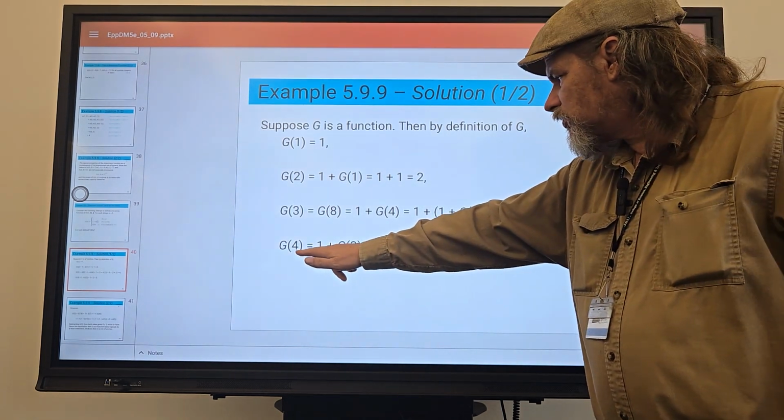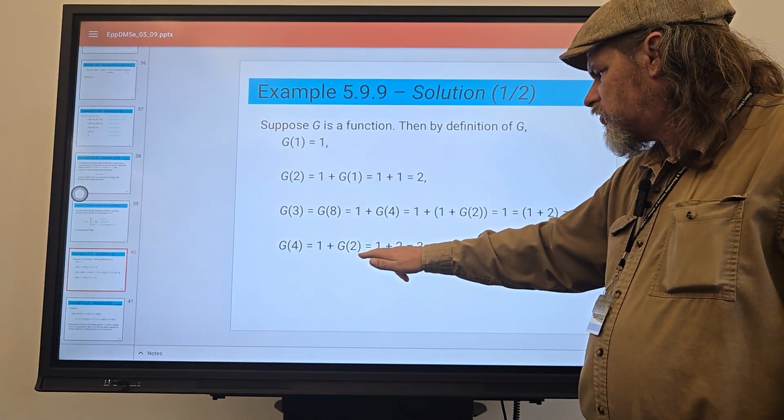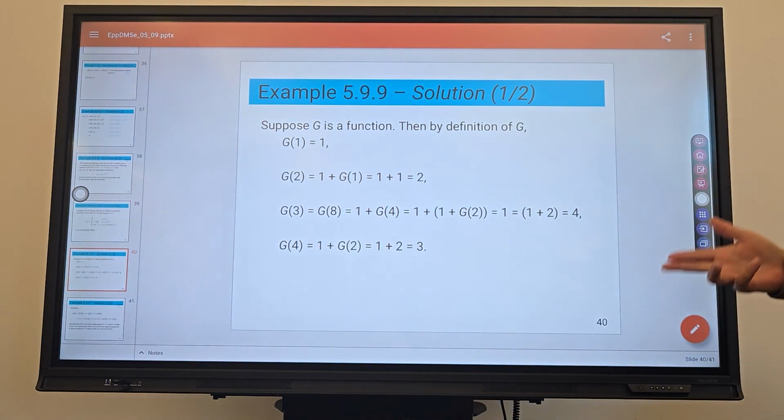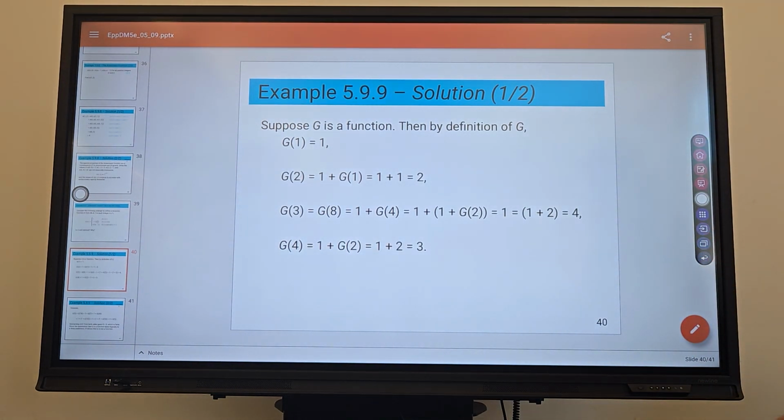G of 4 equals 1 plus G of 2 equals 1 plus 2, which equals 3. So it seems at this point to be a function.